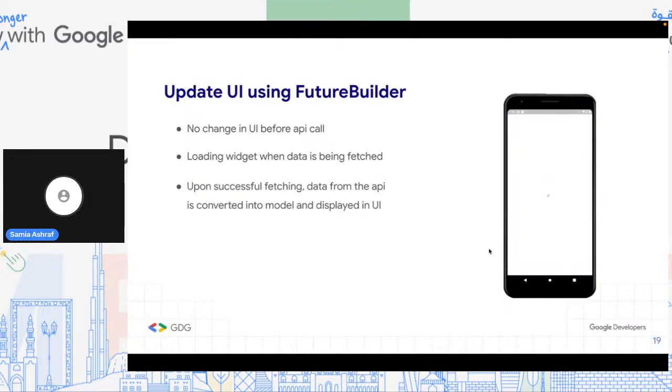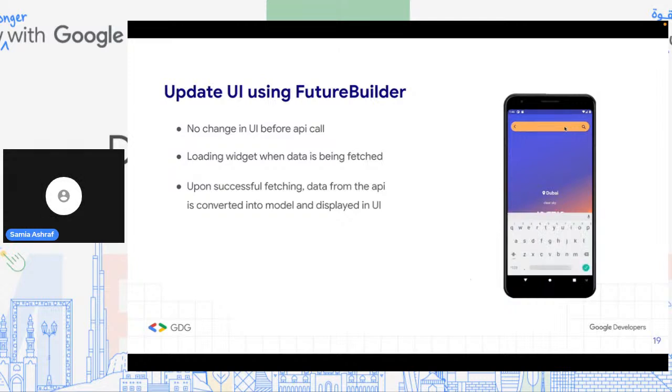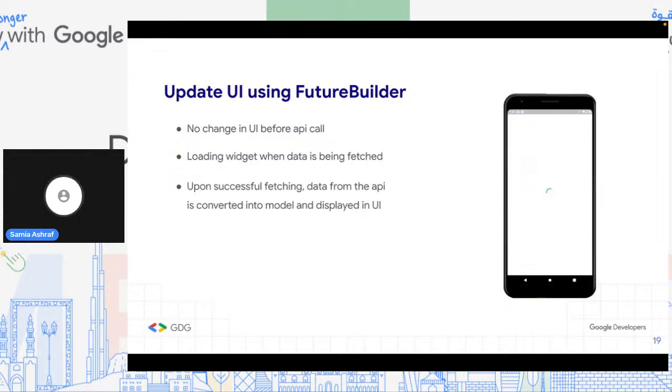So here is a simple demo which will explain the working of the entire app. Once you open the app, it will show the user's current location, which here is Dubai. So it is showing Dubai with a message description and the temperature.